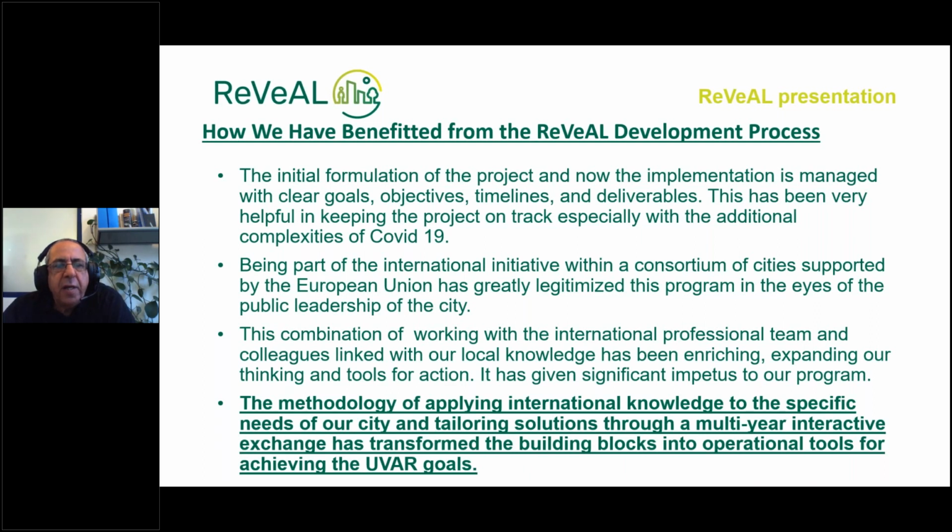And finally, the methodology of applying international knowledge to specific needs of our city and tailoring solutions through a multi-year interactive exchange has transformed the building blocks into operational tools for achieving the UVAR goals.